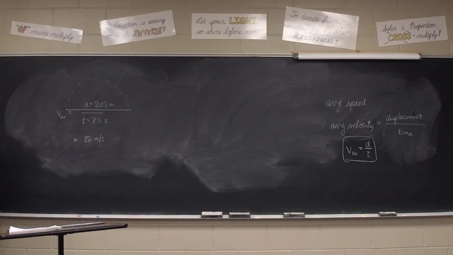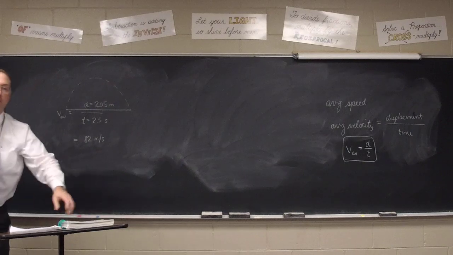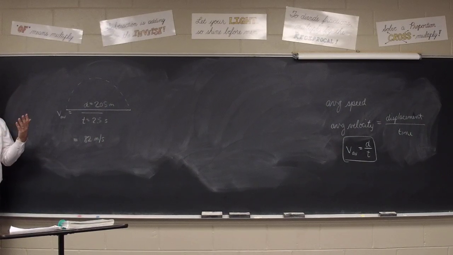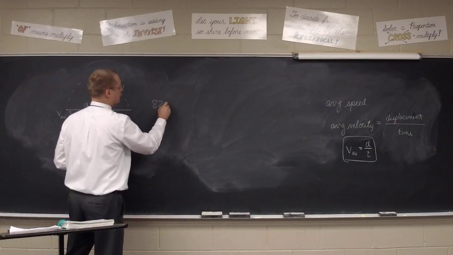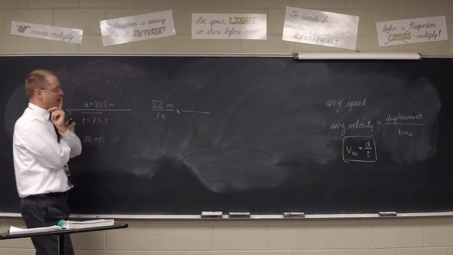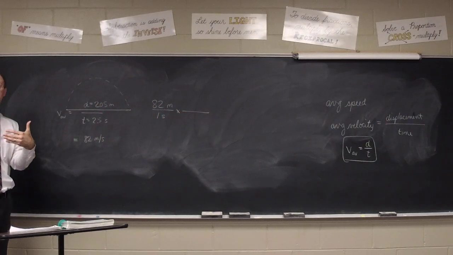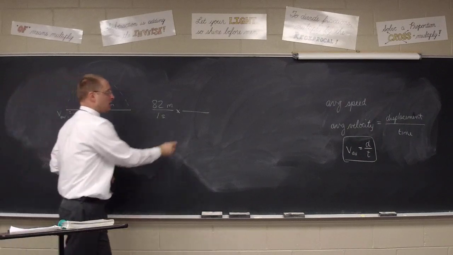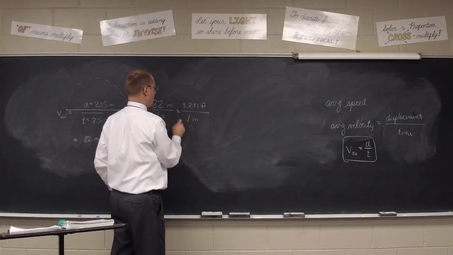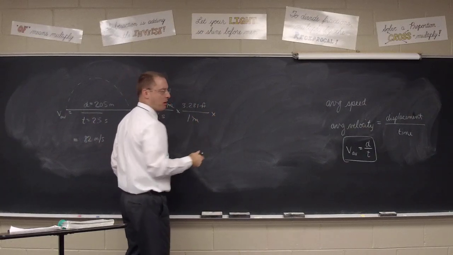Then it says convert this to miles per hour. And remember, to convert meters per second to miles per hour, we've got to use some dimensional analysis, don't we, right? We put this 82 meters per second as 82 meters over a second. And let's see, I can convert meters into feet because 1 meter equals 3.281 feet, and that takes care of the meters, but I don't even want feet, I want miles per hour, right?